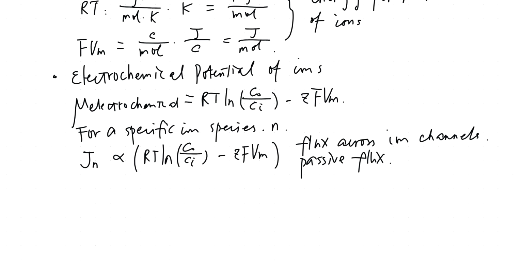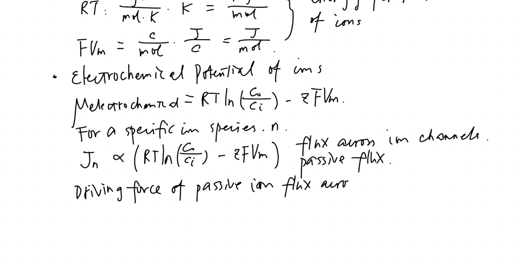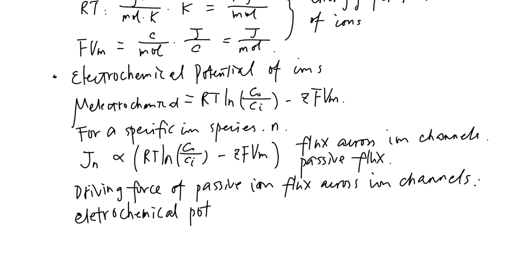So the driving force of passive flux across ion channels is the electrochemical potential difference across the cell membrane.